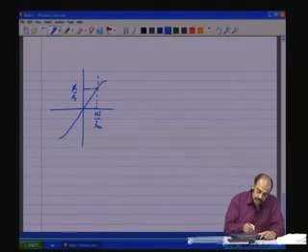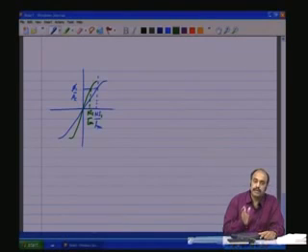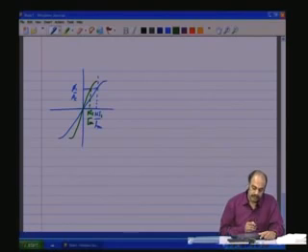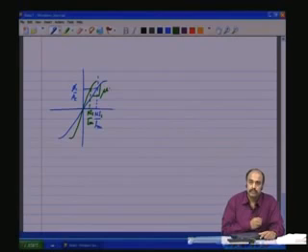Now, if this slope is made steeper, then it implies that to get the same flux phi 1, I need to pass lesser current. If this were I1, this will be N I2 by L m, and so on. If the slope keeps on becoming higher and higher, it means the permeability is improving, because this slope is nothing but mu. The permeability is going towards infinity.